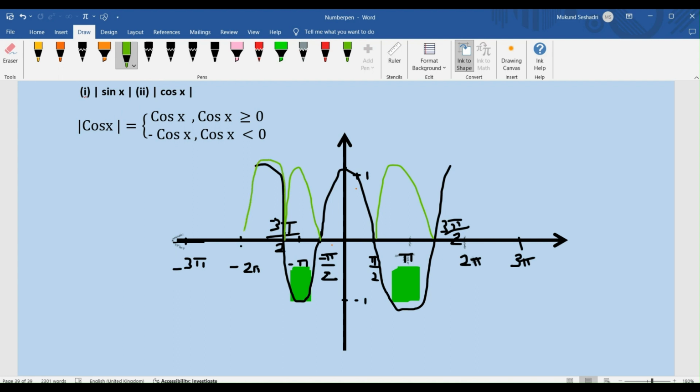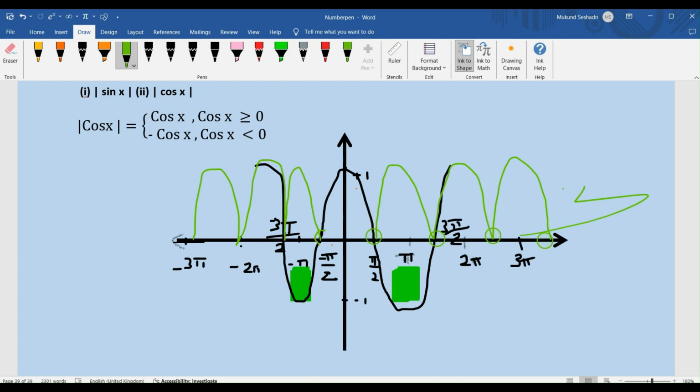And so my graph is going to look very similar to mod of sin x, but the sharp edges which we saw in mod of sin x, which occurred at pi, 2 pi, 3 pi, etc., are now going to occur at pi by 2, 3 pi by 2, 5 pi by 2, and 7 pi by 2, right?